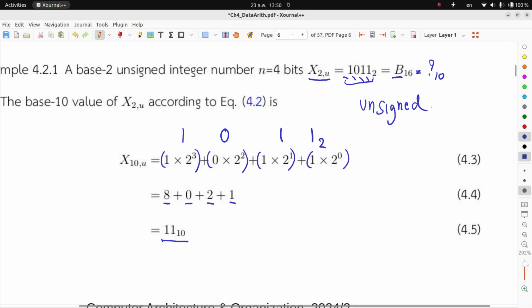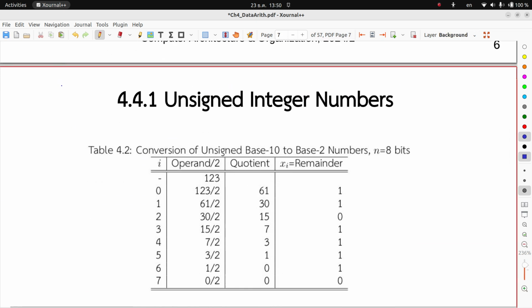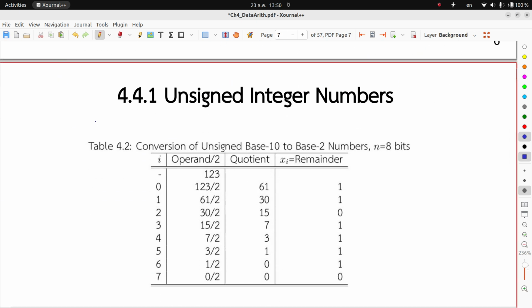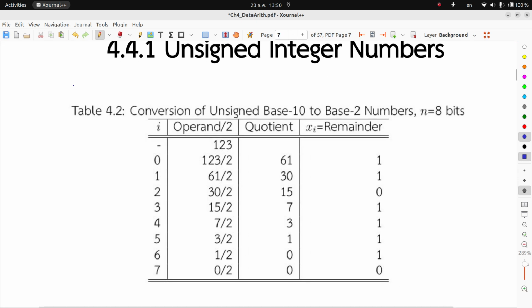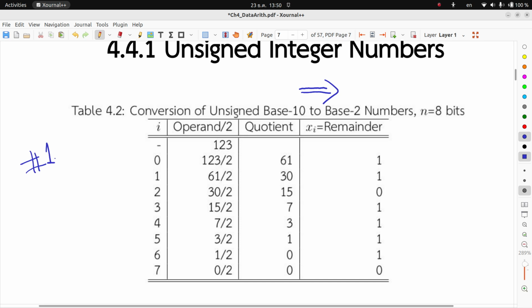Okay? Now, let's make it even backward. We want to convert base 10 to base 2. How? You have two methods. Method number 1 is division method. You see that? This is called division.